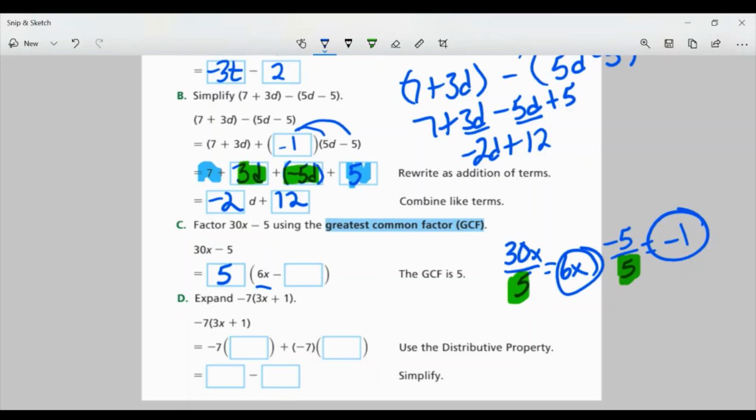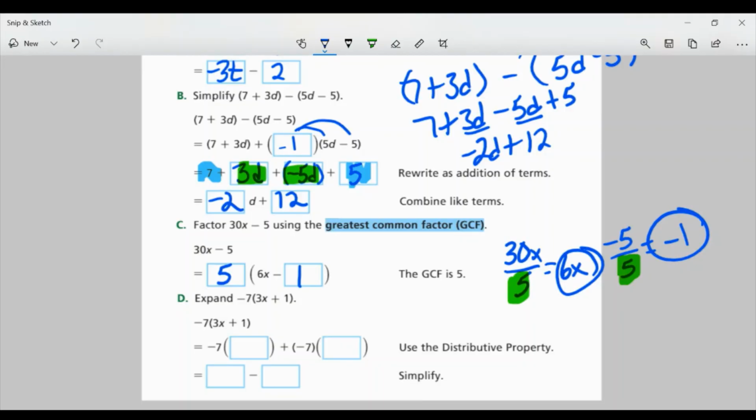And negative 5 divided by 5 is negative 1. So it would be 6x minus 1. Of course, I know this is the answer because if I use distributive property, 5 times 6x would give me 30x. 5 times negative 1 would give me negative 5. I would get the same expression that we had in the beginning. Okay?